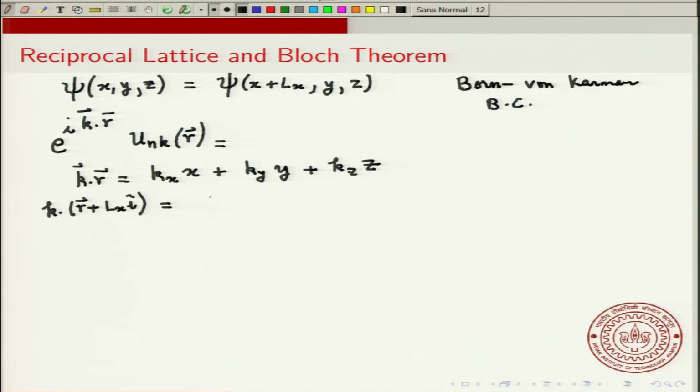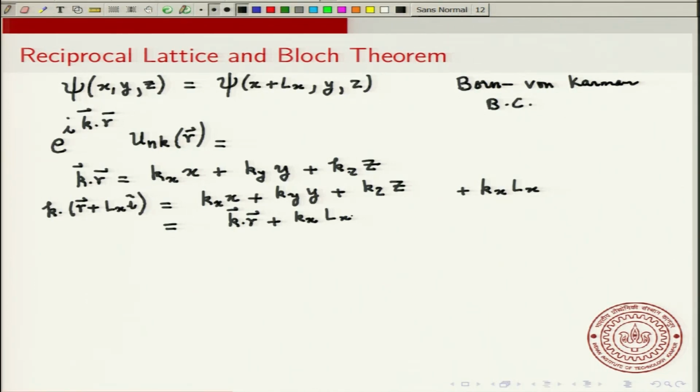So, this is equal to kx, now instead of x I have x plus Lx. So I will write the x term, and I will write the plus kx Lx. The y and the z term will remain as they are. So now the first part is just k dot r plus kx Lx.